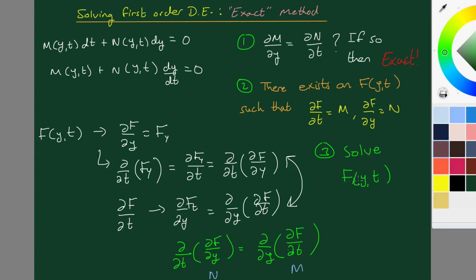We want to find the function f of y comma t so that we will know what the solution for this differential equation is. And our solution would be in the form of f of y comma t is equal to some constant c, right? Our solution would be in this form.